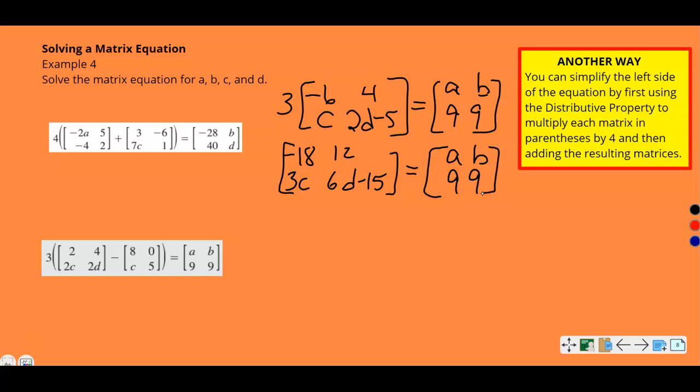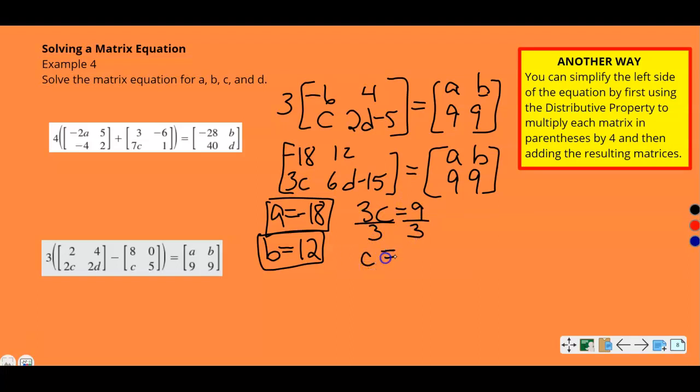All right, then I'm going to set corresponding elements equal because I have two matrices that are equal. So -18 equals A. All right, so that's my A. B equals 12. 3C equals 9. So C equals 3.